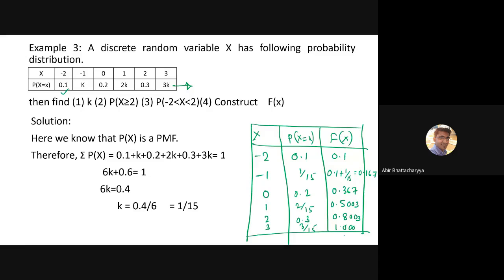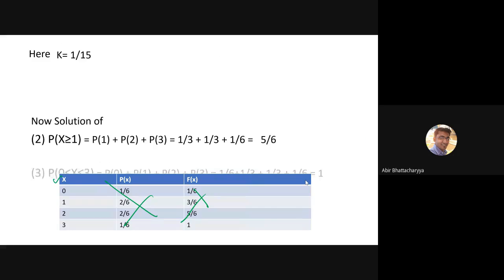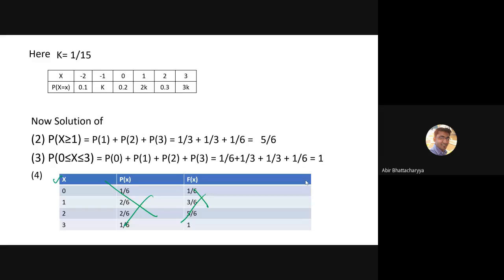So ultimately we will get one. So one is going to be the final cumulative value. Now k equals 1 by 15. Once I get this, I will write the solution in this manner.